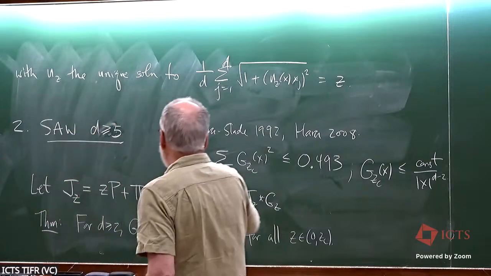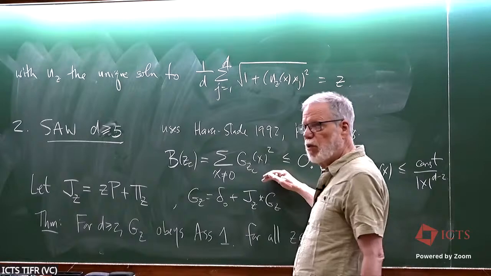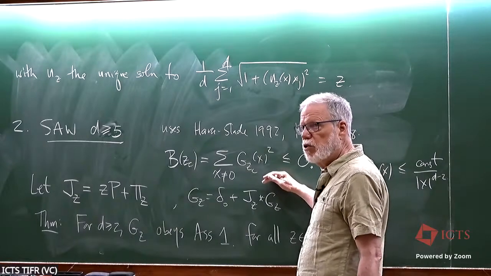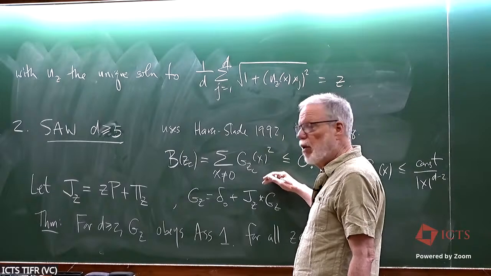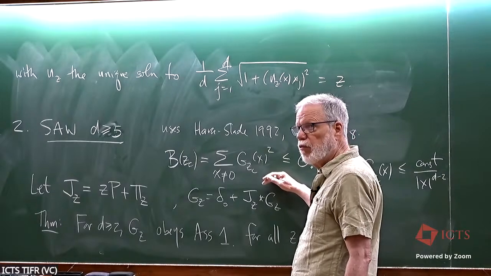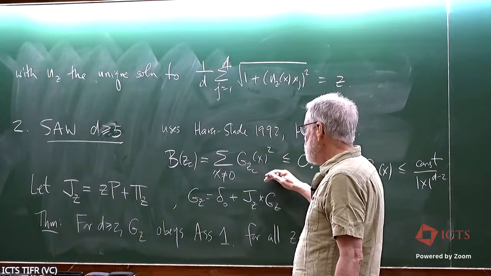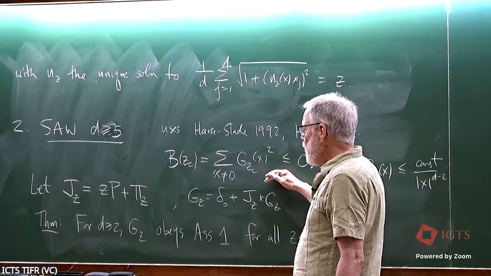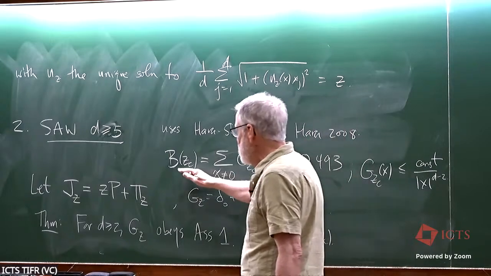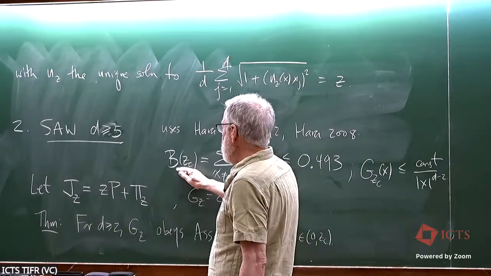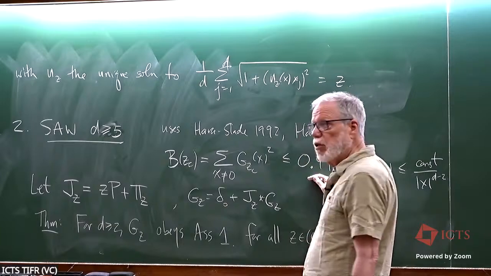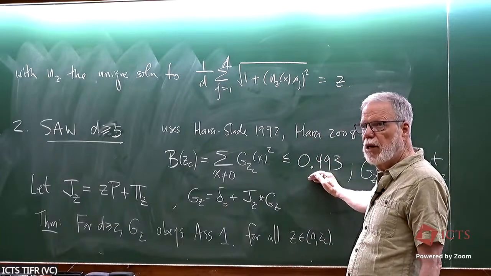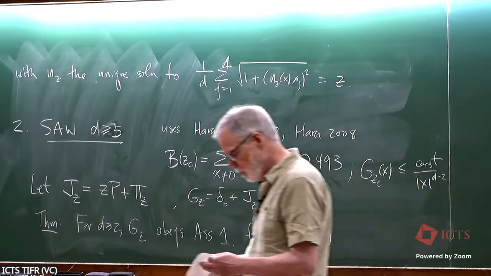And we need to know that the tilted bubble remains small. So there's a bootstrap argument where you vary mu rather than varying z like we did before, which tells you that if z is close enough to z_c, then the tilted bubble is going to be close to this 0.493, which is going to allow all of the diagrams to be bounded.